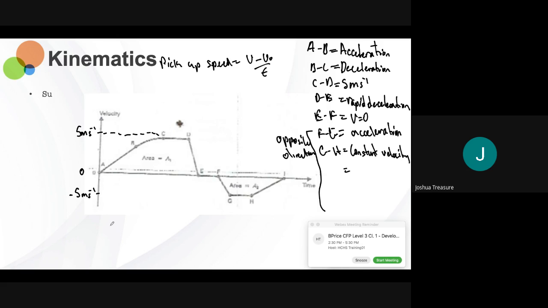Decelerating, sir. So it's deceleration. It's essentially going back to zero, right? From H to I.